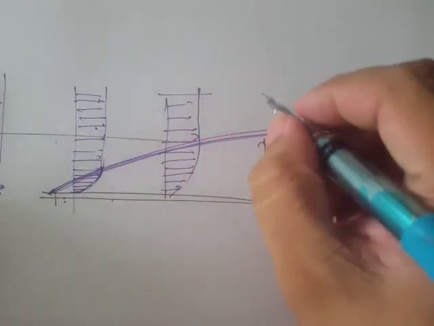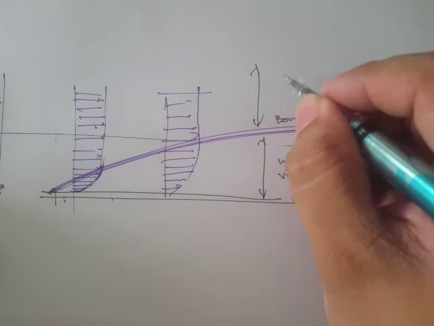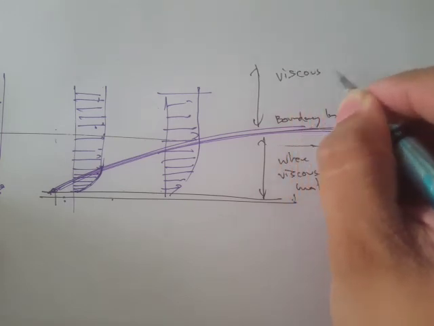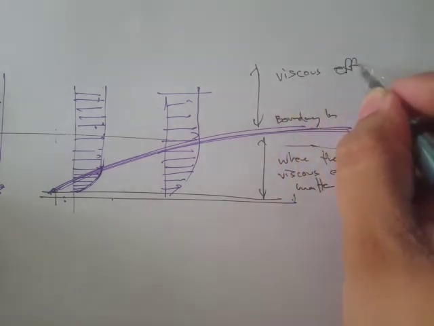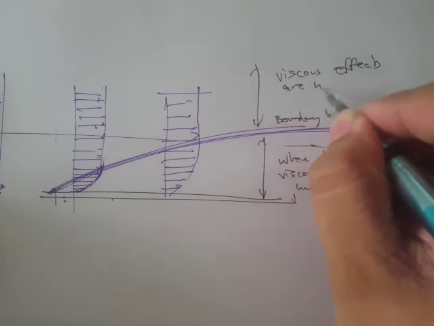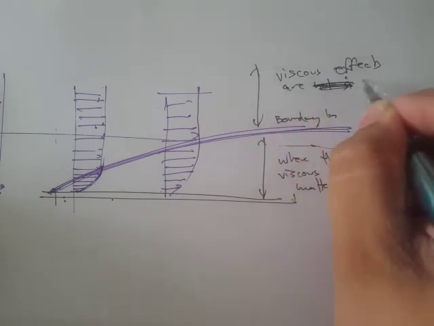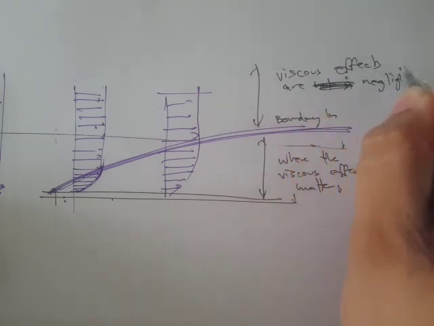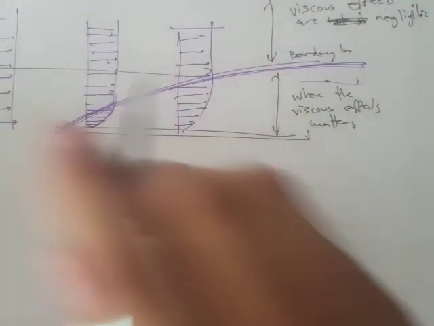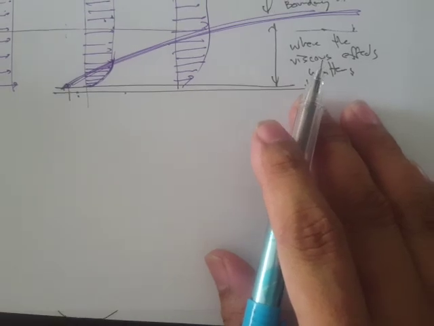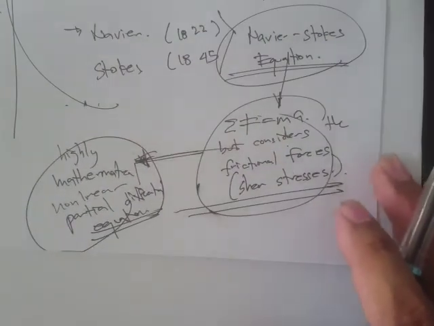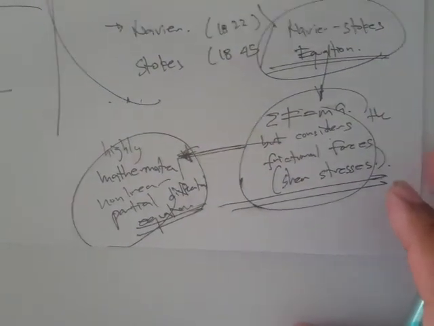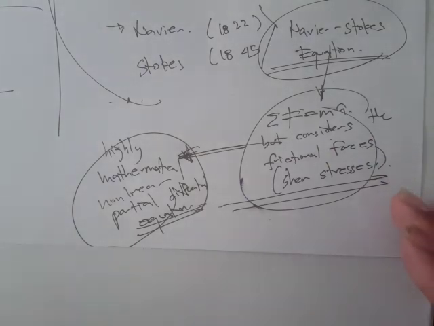Beyond or outside this boundary layer, viscous effects are not significant, or are negligible, we can write. Because of this, it simplifies the mathematics of the Navier-Stokes equation.